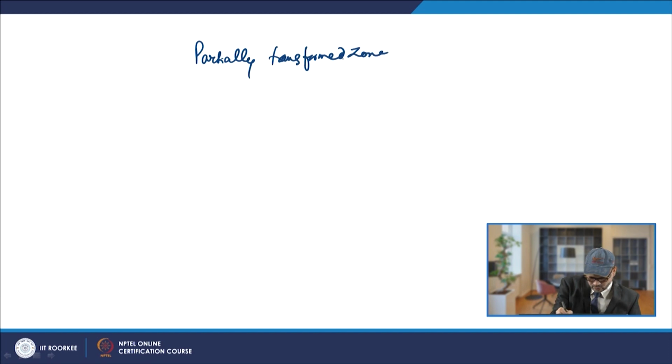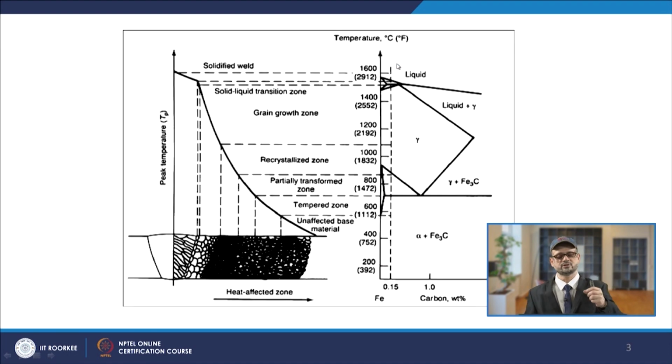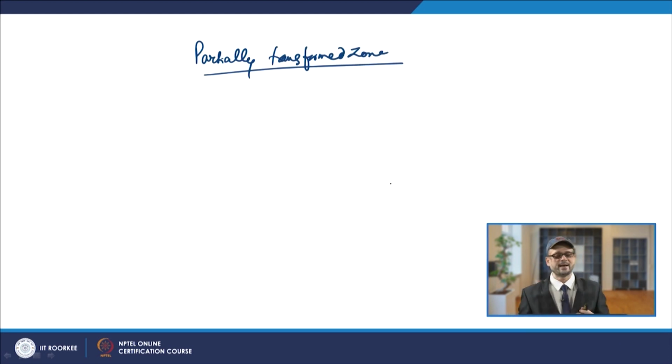This zone is characterized by lying in between the upper and lower critical temperatures. For this composition, this is your upper critical temperature and this is your lower critical temperature. So this zone lies between the critical temperatures, A1 and A3.